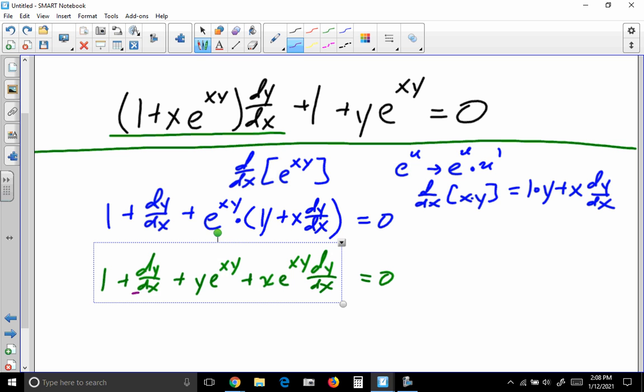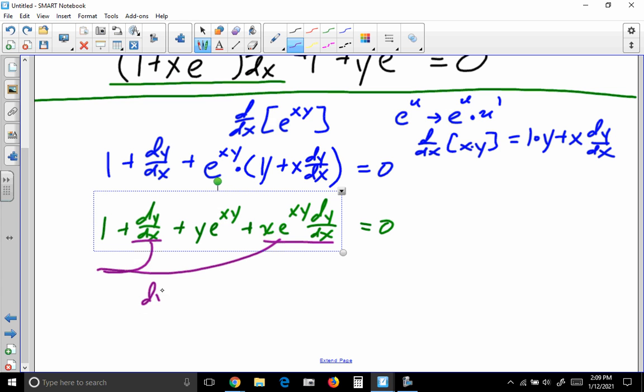So let's collect the dy dx terms. I'm going to put those out front, and I'm going to go ahead and factor out dy dx. So if I factor dy dx out of this term, I have an understood 1 as the coefficient. If I factor dy dx out of this term, I'm left with e to the xy. And then we have a 1, and we have a y e to the xy.